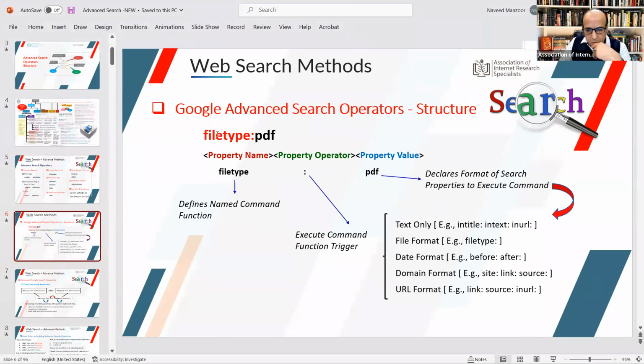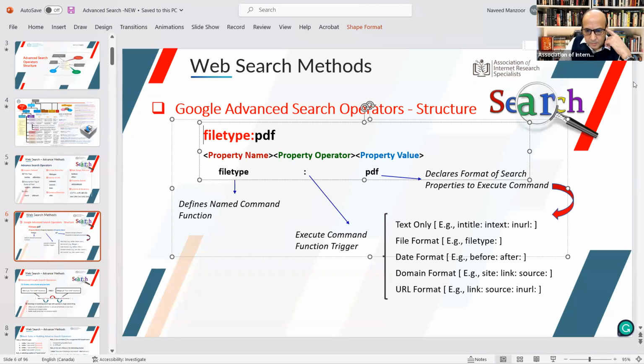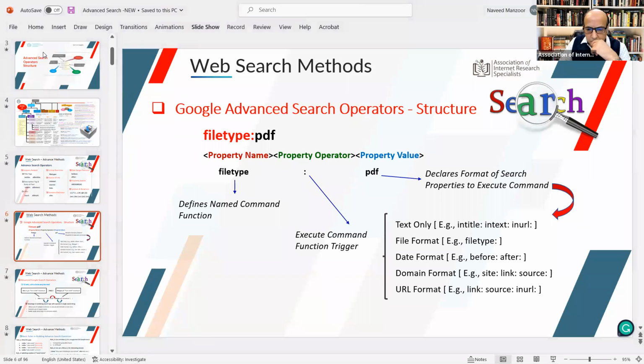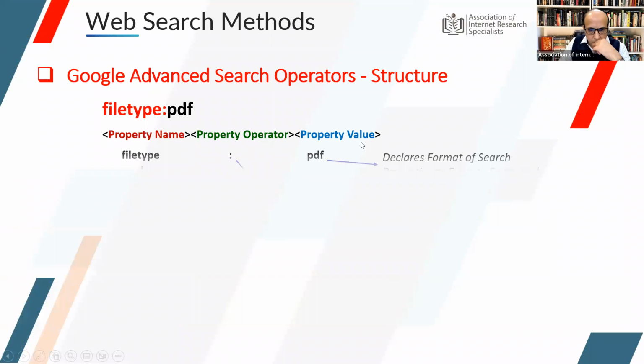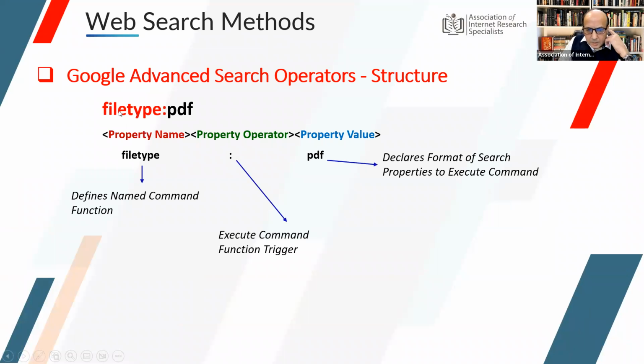Now let's look at how the operators are put together. In a typical advanced search operator, you'd find that there is a text or a word like filetype, and it is followed by the colon sign.